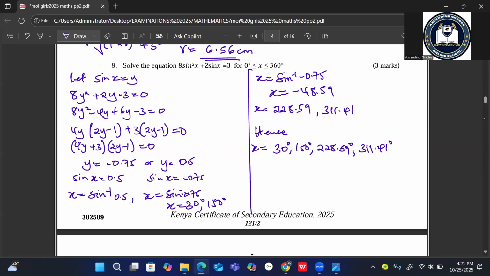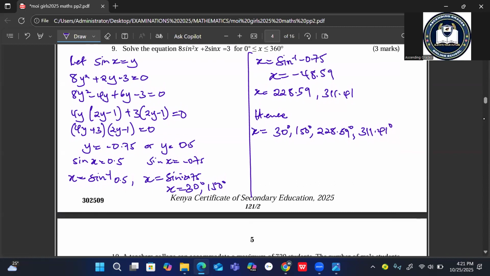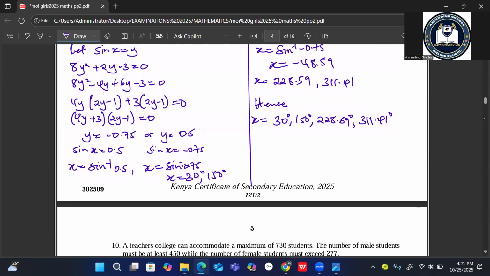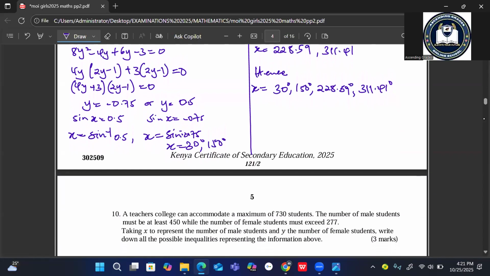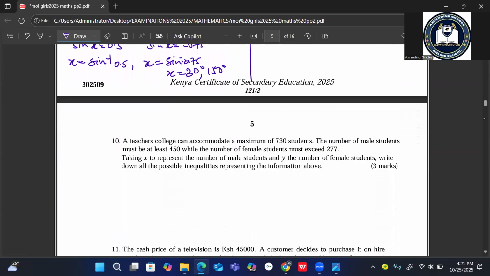So those are all the values of x in that question. So having the 4 values of x, you qualify to get all the 3 marks that are going to be awarded. Then move to question number 10.